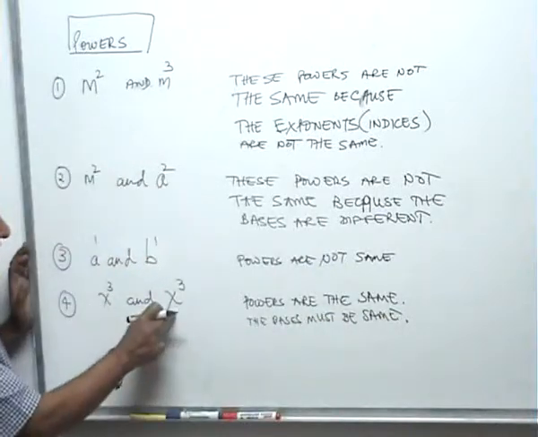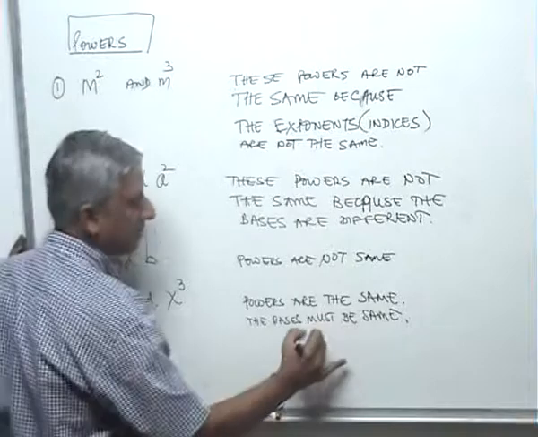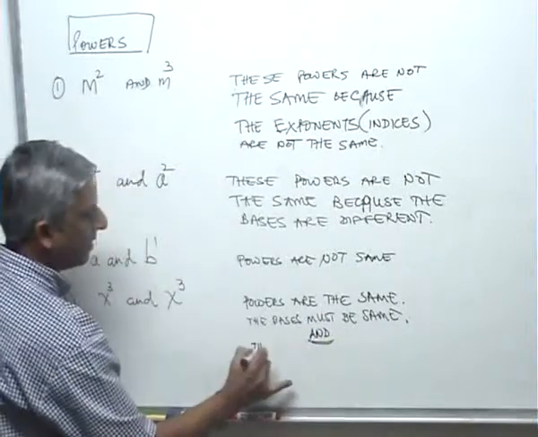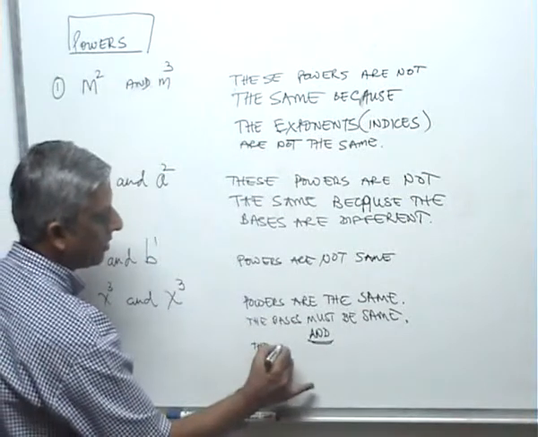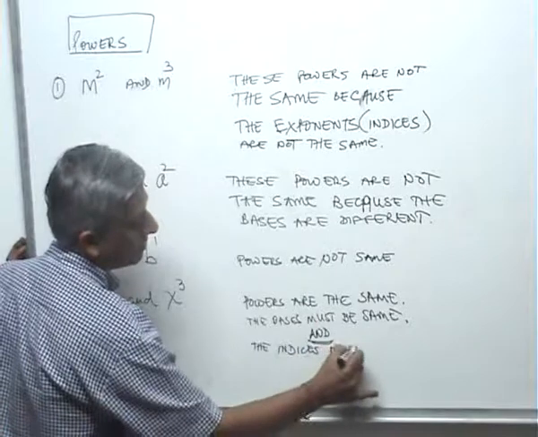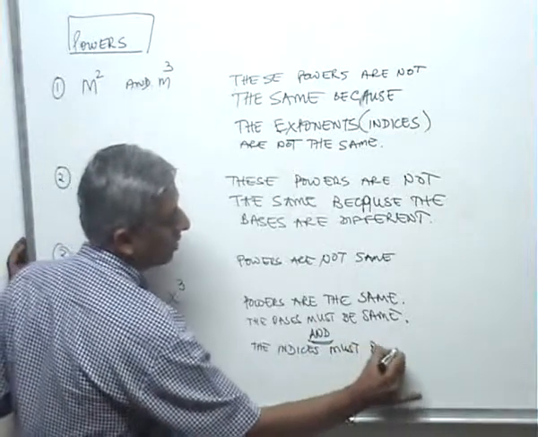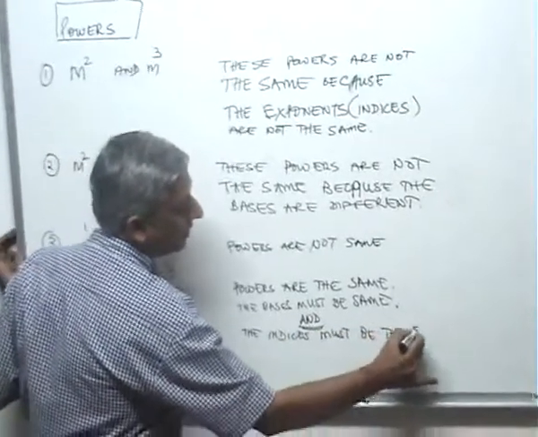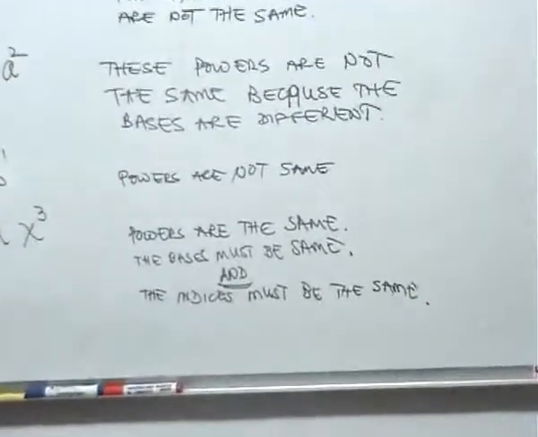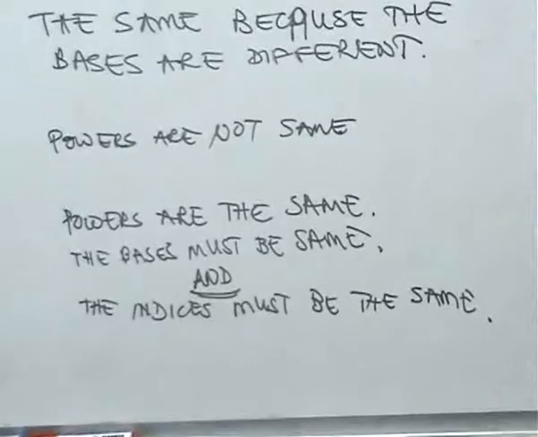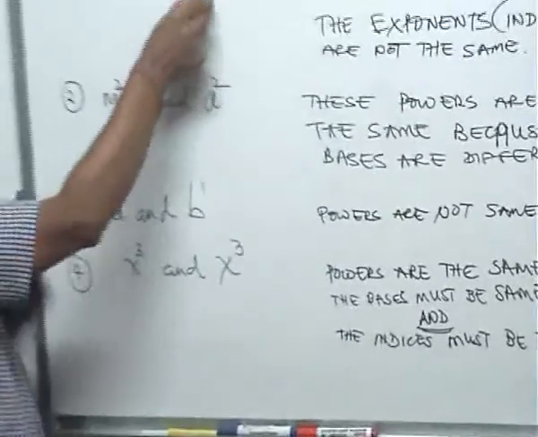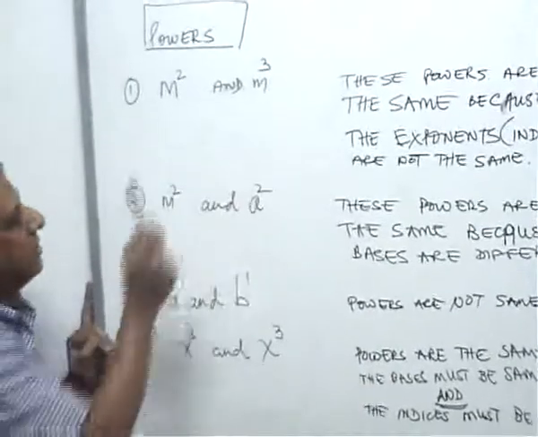You can see the bases are x and x. And the indices must be the same. So, let's go from one side. The bases are the same, but the indices are different. Therefore, the powers are not the same.